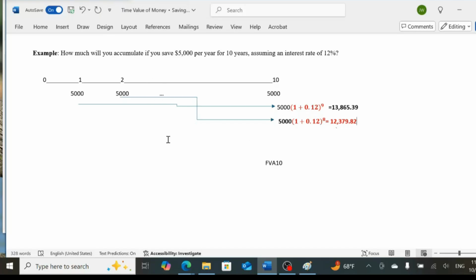And we can do the third one, fourth one, and so on to the ninth one.